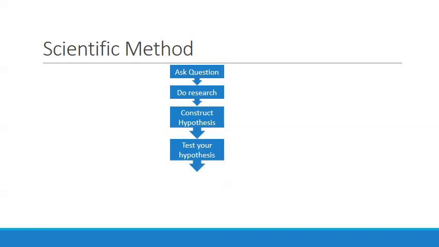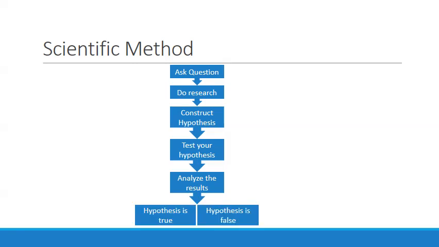And then they spent a ton of time testing it over and over again to see if it was actually true. And they analyze these results. And then you end up with one of two possibilities: either it's true or it's false, and you have to start over. But each one of the economic models that we look at has gone through this process and has been tested to see if it's proven correctly or not. And that's that whole issue with these positive statements. Those positive statements are tested to ensure that they are correct.